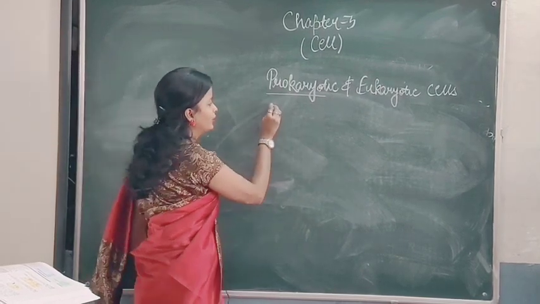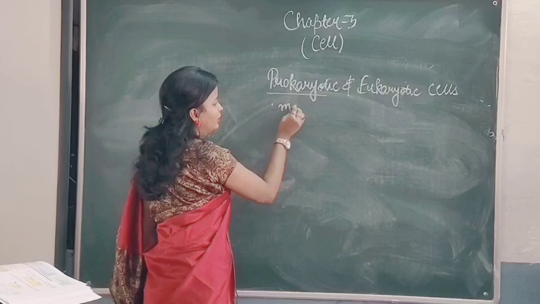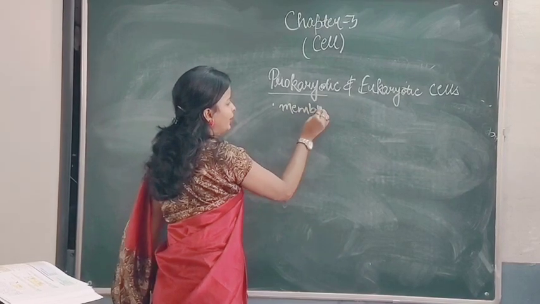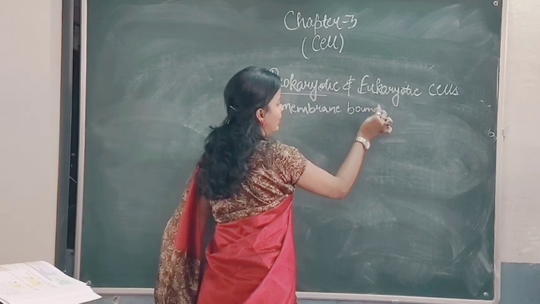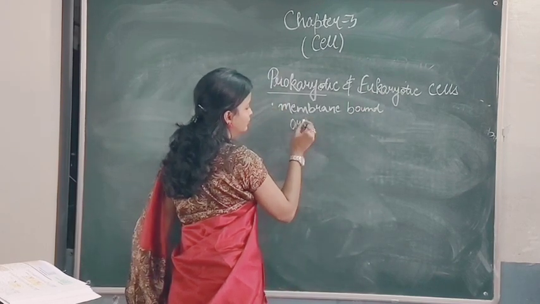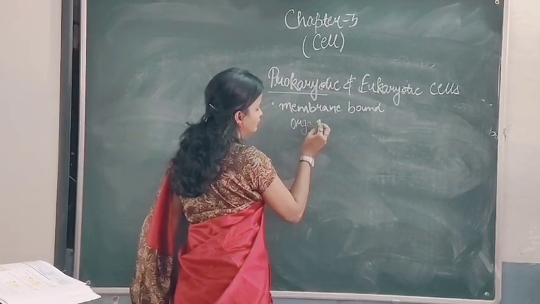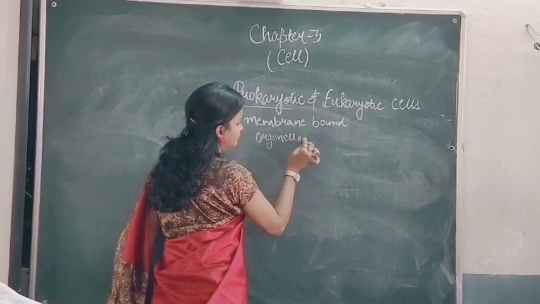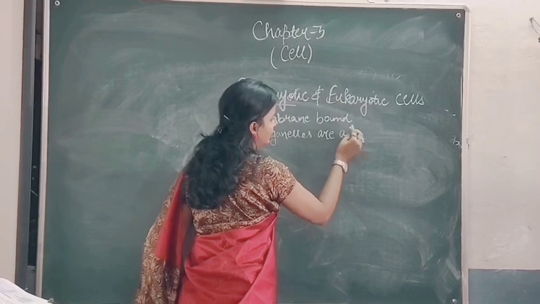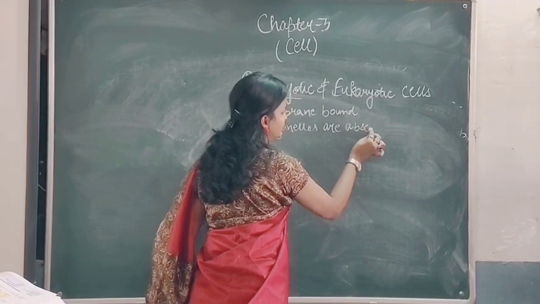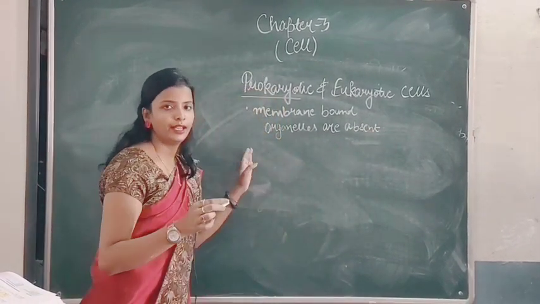So the first characteristic that you will write down is: membrane bound organelles are absent, or you can say they are less.